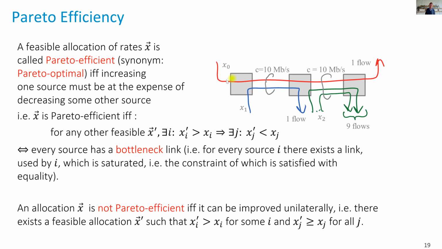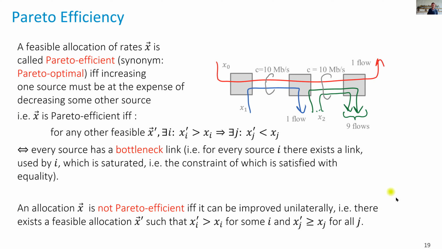But you still want it to be efficient under the concept of Pareto efficiency. So we say that an allocation of rates is Pareto efficient if it cannot be improved unilaterally. Improved unilaterally would mean that if something is not Pareto efficient, I can improve what I give to one source without impacting any other source here.